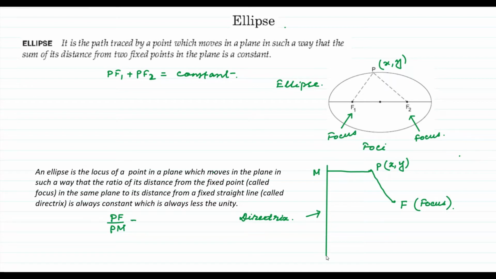This ratio is always constant, denoted by a particular letter e, which is actually the eccentricity of the ellipse. And when this eccentricity is less than 1, then the locus of point P gives an ellipse.